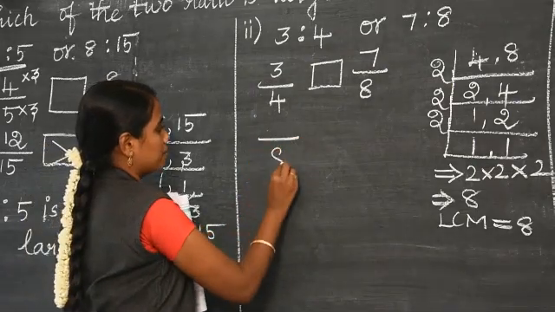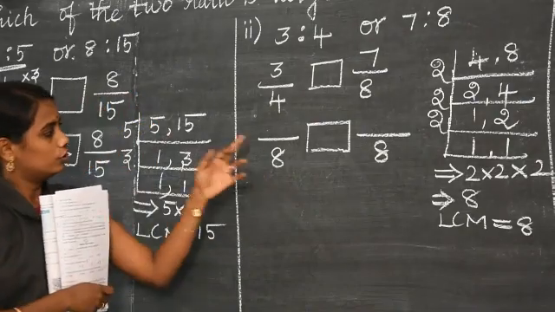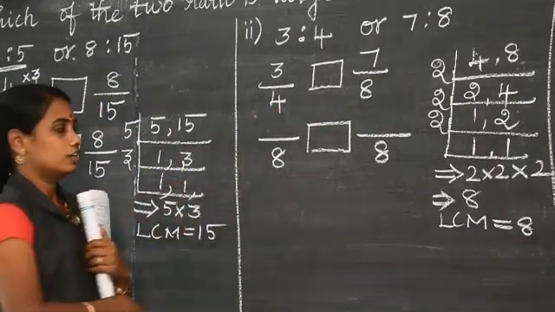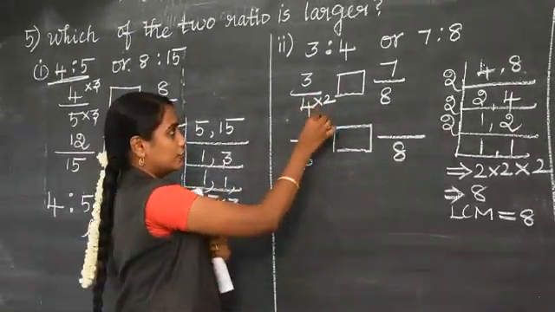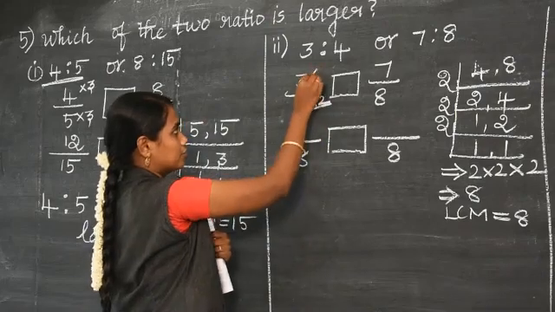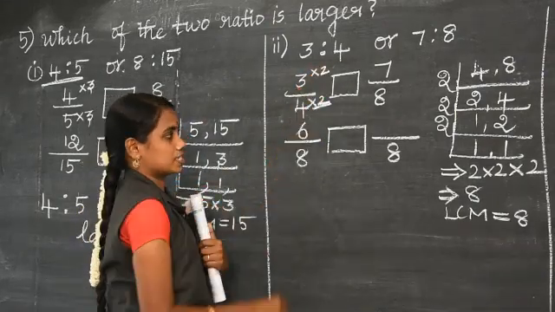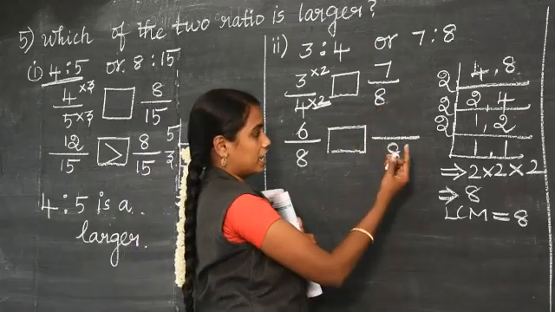Now make the denominators the same, 8. Before we had 4. If you multiply the 4 by 2, you will get 8. If you multiply the denominator by 2, multiply the numerator also by 2. 3 twos are 6. Here we already have 8 only.